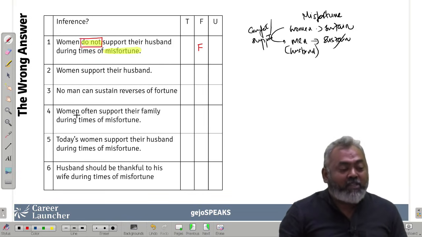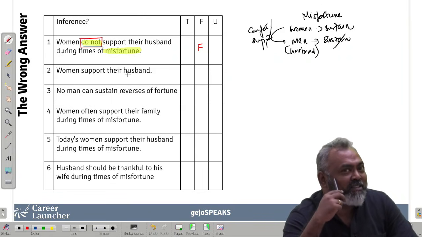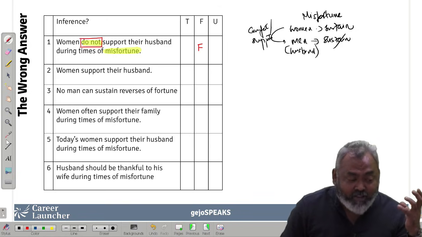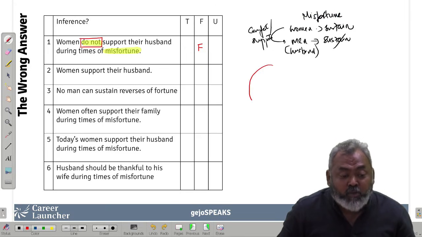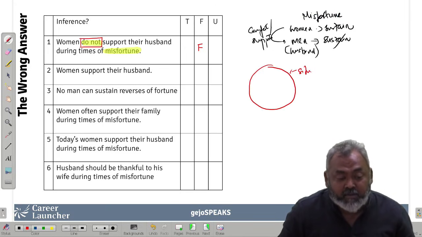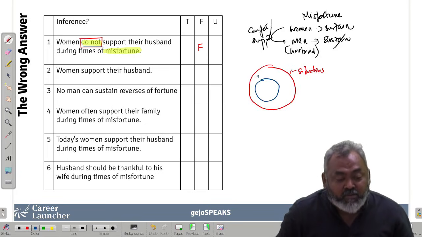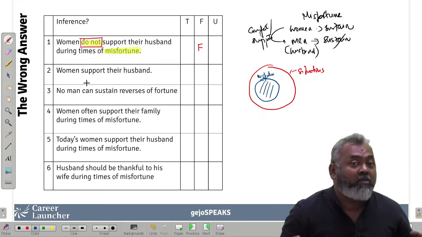Statement number 2 states, women support their husband. What do you think of this? I'm sure you're almost thinking, maybe true, it's mentioned. Please understand the context here. The context of discussion is a context of misfortune. When you say women support their husband, that is making a general statement.